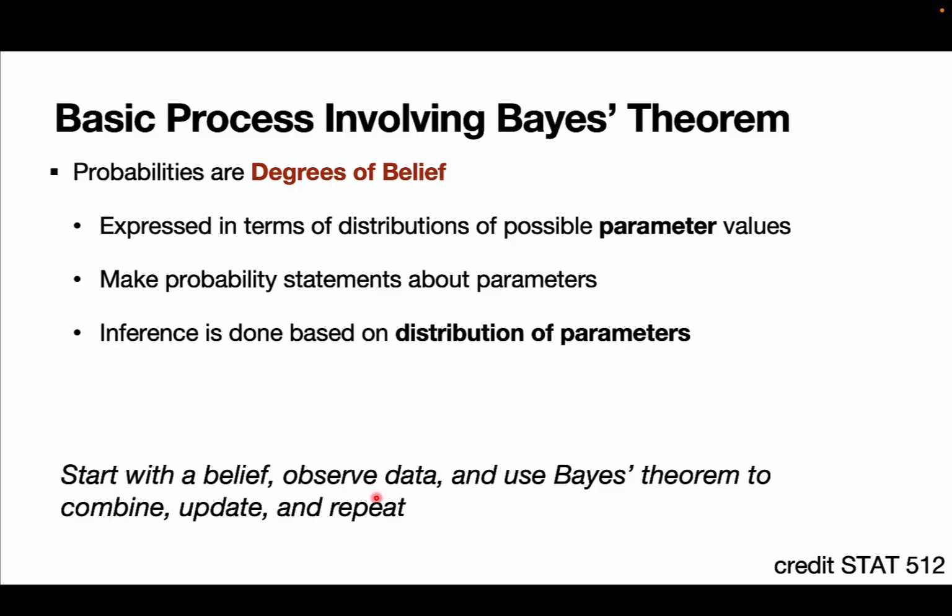Then we observe new data, the likelihood, and update our belief using Bayes' theorem, which gives what is also called the posterior probability. One notable example is election forecasting. We notice how polls continuously adjust probabilities for different candidates.